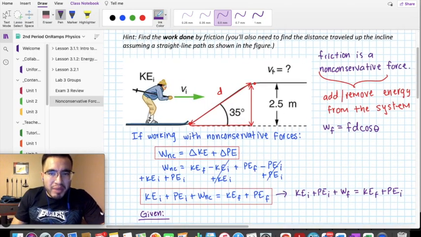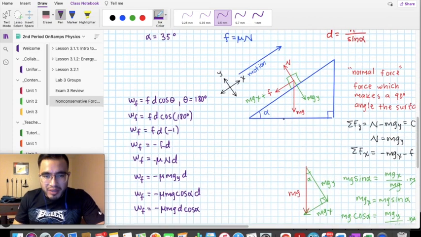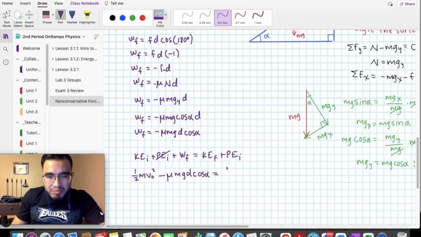Well, probably, because they want us to find the final velocity. There's the possibility that it'll be 0. But let's assume there is some velocity, even if we find a velocity of 0. So 1/2 mv final squared.